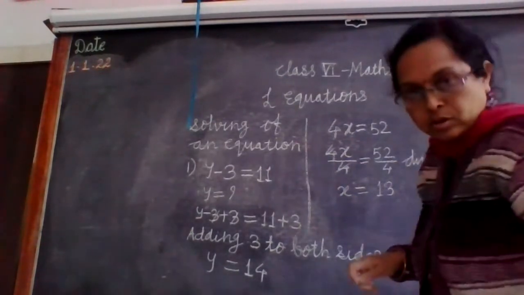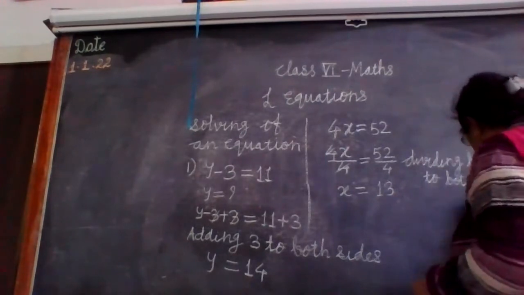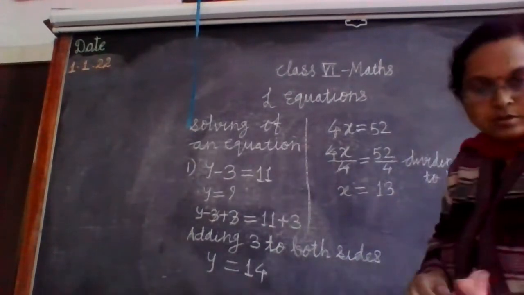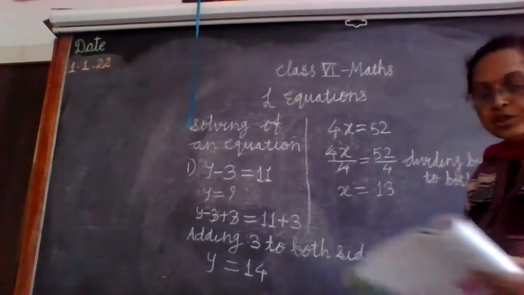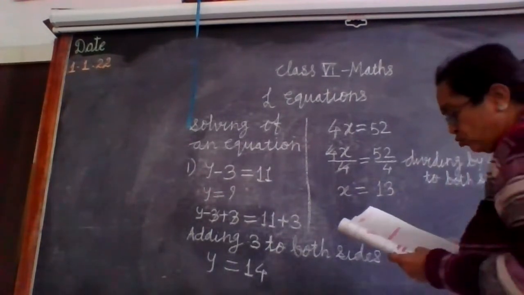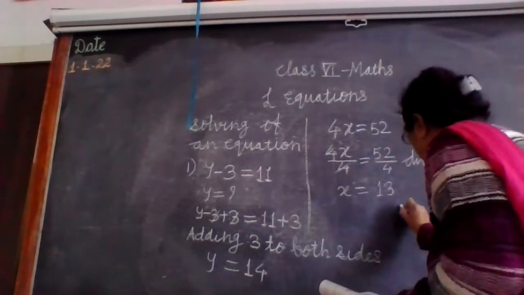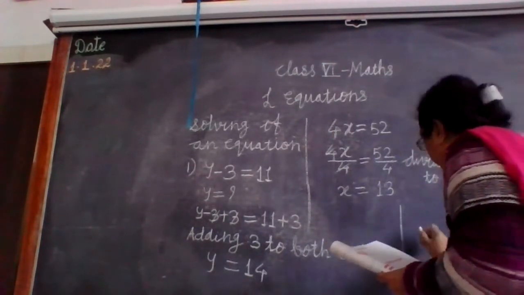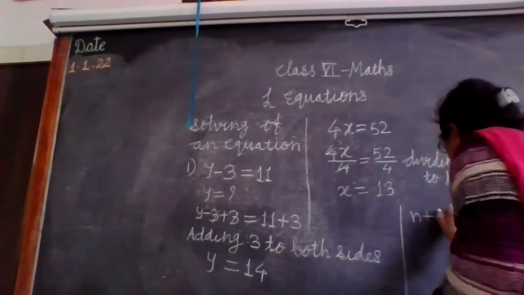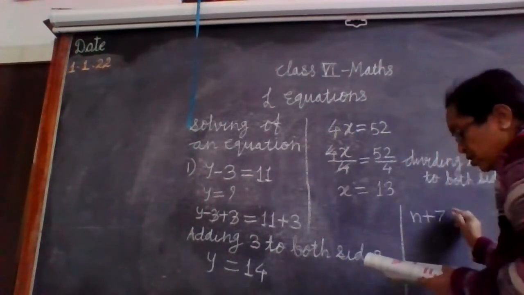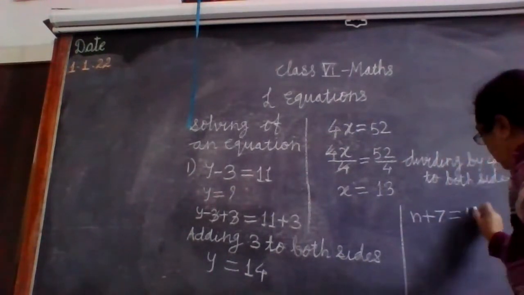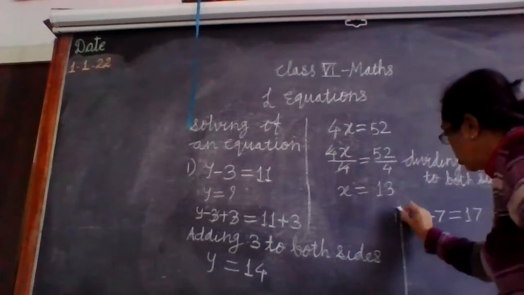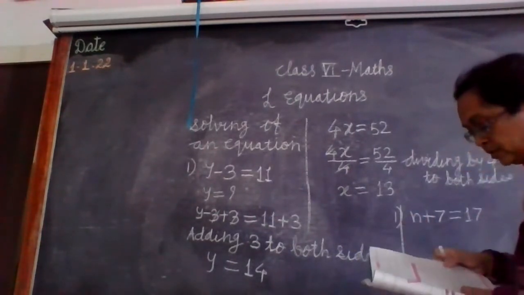So we can solve such sums. Before that, you have to judge what operation we have to do. Now you can try on your own: n plus 7 equal to 17. This you can try on your own afterwards.